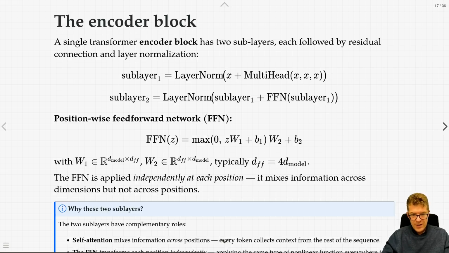The self-attention mechanism will mix information across the positions, like we talked about earlier. Every token will collect context from the rest of the sequence, and this will all be combined. In particular, the FFN transform will process it independently for this particular position. Essentially, this FFN will be the same kind of nonlinear function, but it'll be applied differently to every particular position that it's used in.